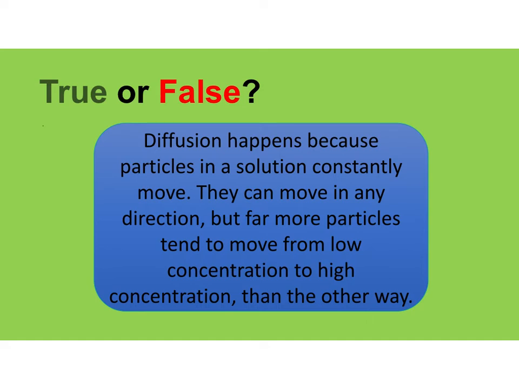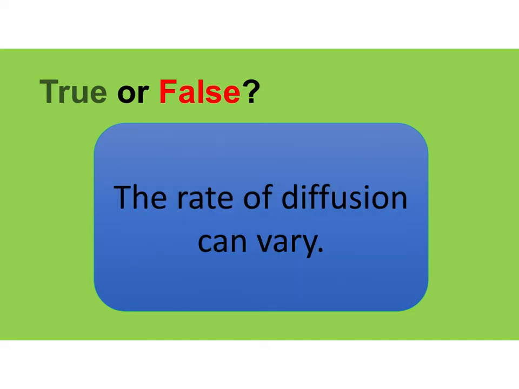So this is number 1. Is that true or false? Just note it down and then think about it as a little challenge. How would you correct it so that it is true if it was false? Only if it was false. So number 2 then, the rate of diffusion can vary.